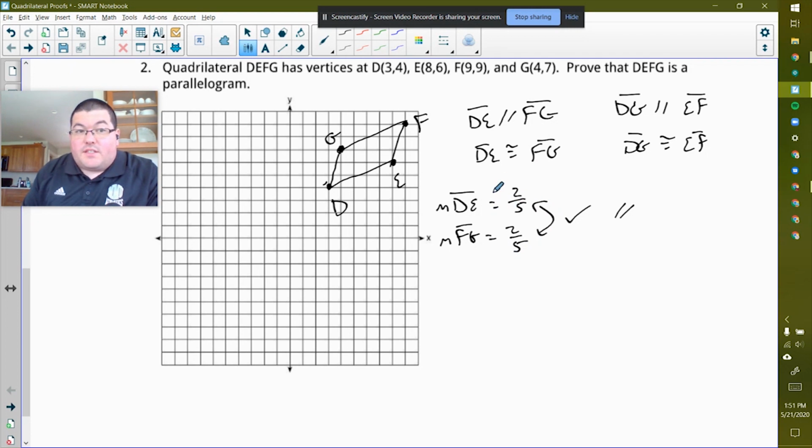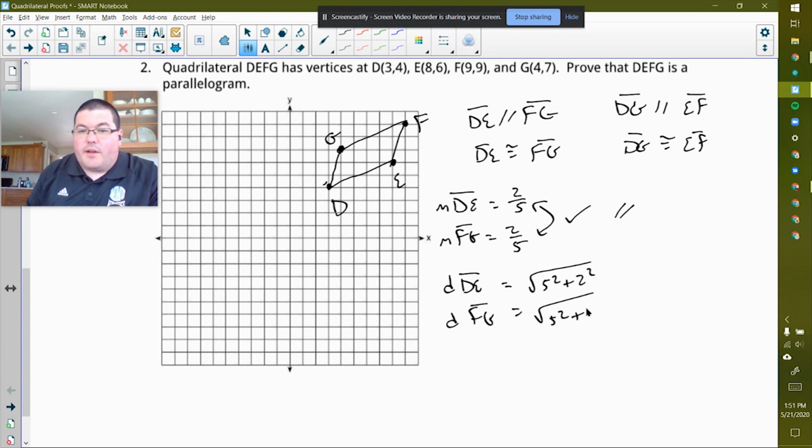And if you plugged these into the distance formula, right, the distance of DE and the distance of FG, these would be the same. You would have run squared plus rise squared, and both would match up identically. And so we would be able to say, oh, okay, this is going to be the square root of 29, this is going to be the square root of 29.